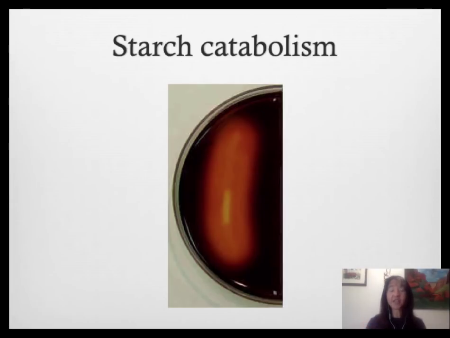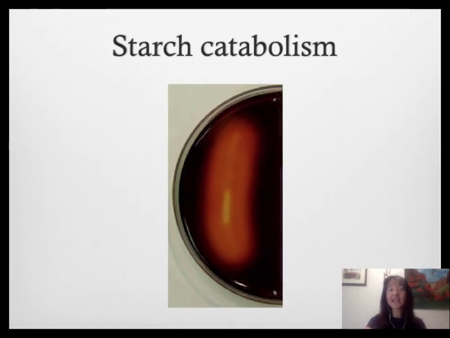We have a particular biochemical test that we will do in lab where we put our bacteria onto one side of a plate that's filled with starch, and then we let our bacteria grow overnight. That means that the bacteria that can secrete alpha amylase and oligo-1,6-glucosidase will secrete those enzymes into the space around the cell and digest those into their smaller subunits and take them into the cell.